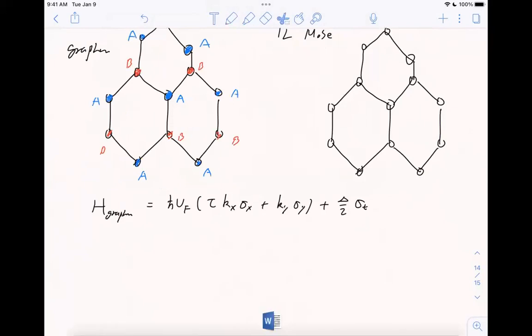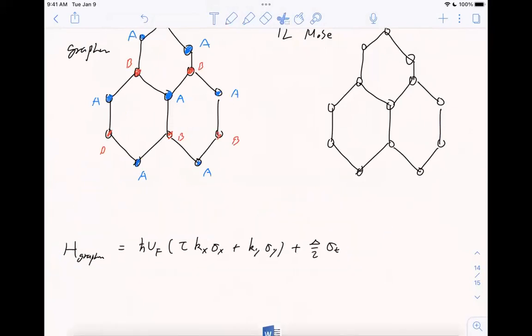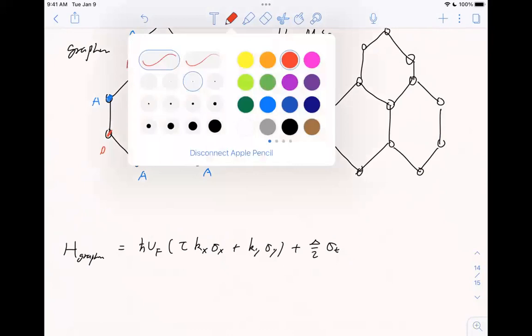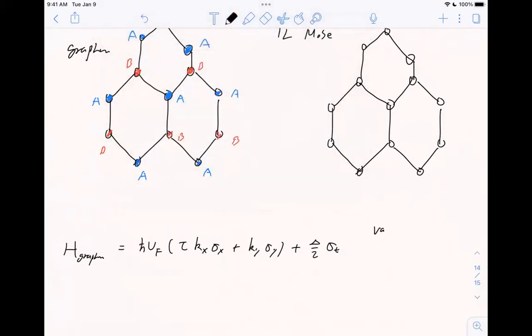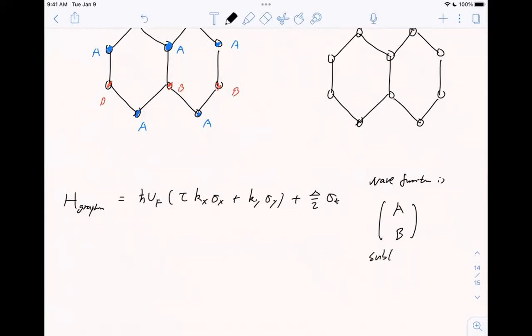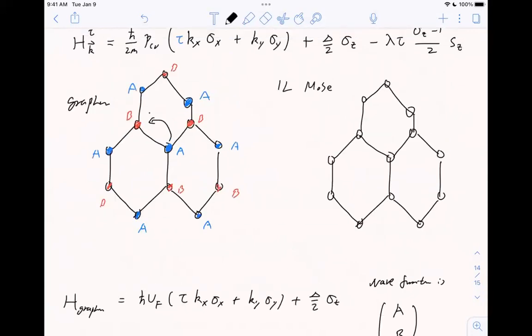This Hamiltonian is applied on the A and B sublattices, so the wave function is on the A and B sublattices. The hopping is this: you hop from site to site, from A to B.